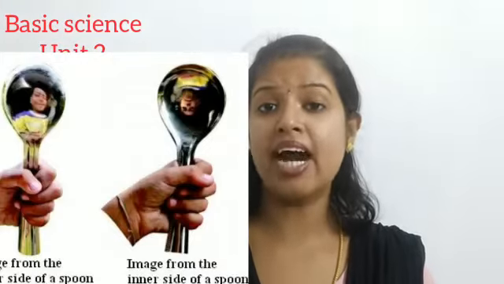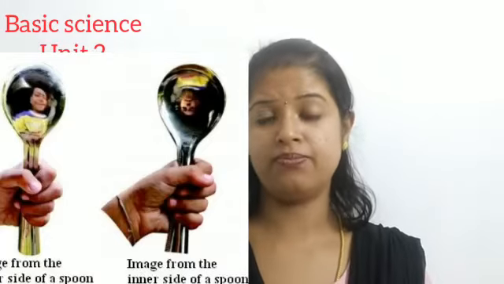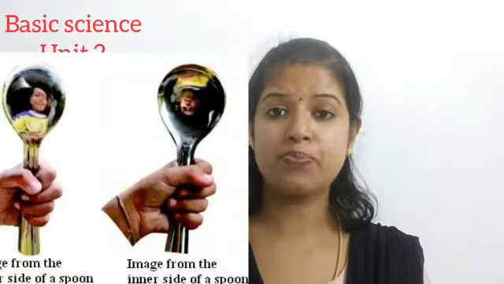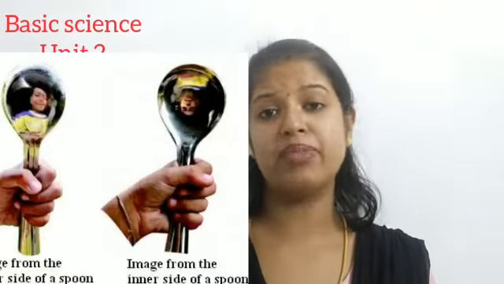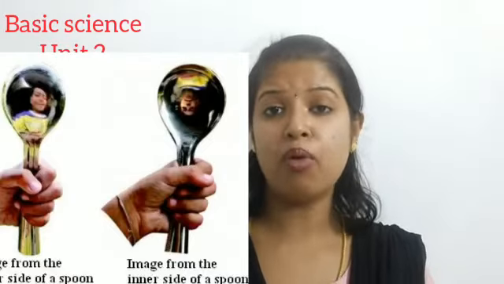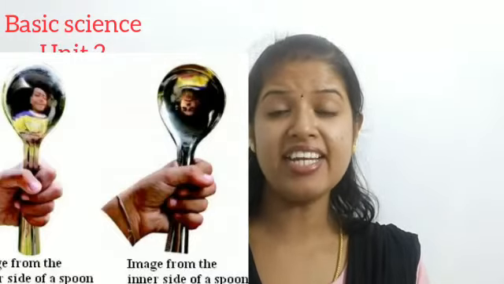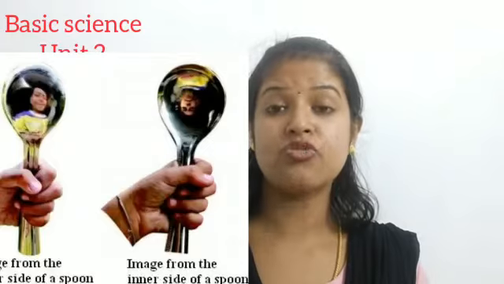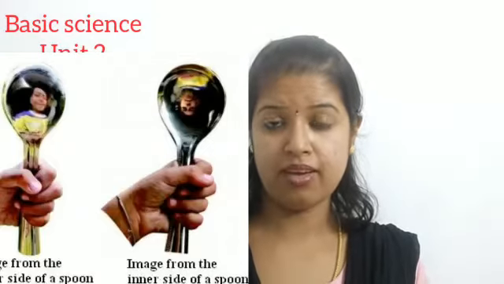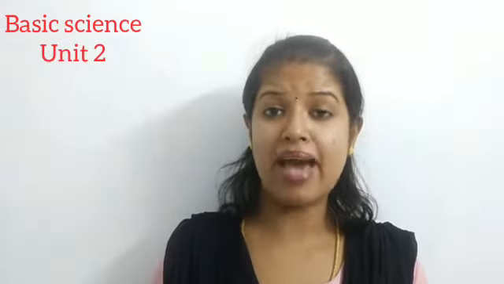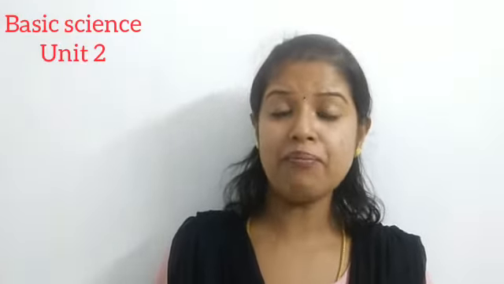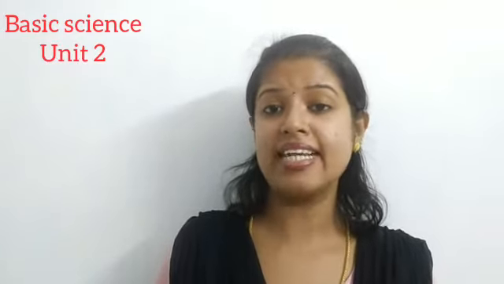It will not be large, it will not be small. But with the steel spoon, as you can see from the picture, when the boy faces the front side, his face image is very large, and when he faces the back side, his face image is very small. The same property happens in the steel ladle.